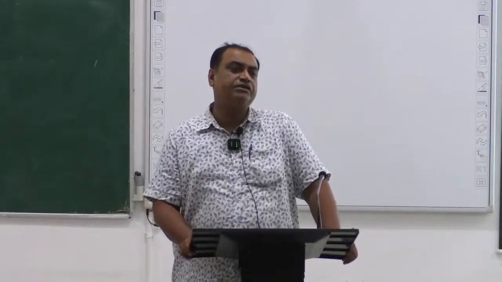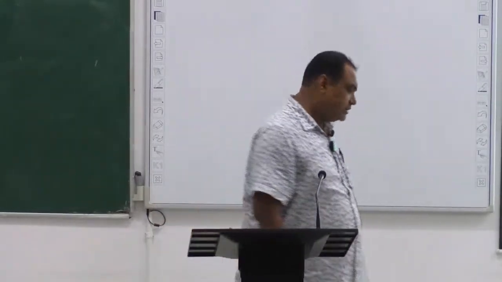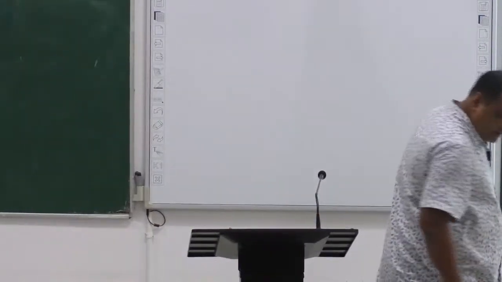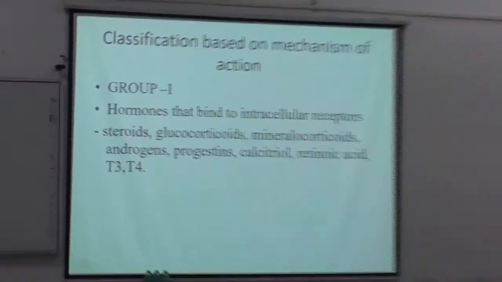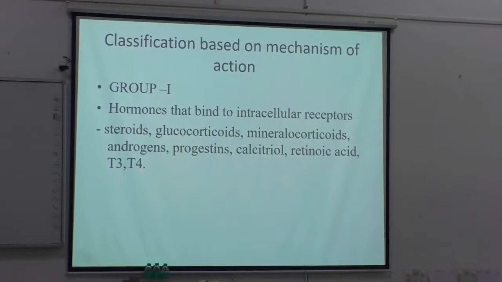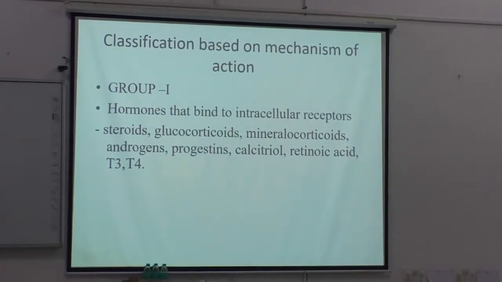These are the two methods by which group 1 hormones enter a cell, and intracellularly they interact with their receptors. Now here, note it down: retinoic acid and T3 and T4 have intranuclear receptors.